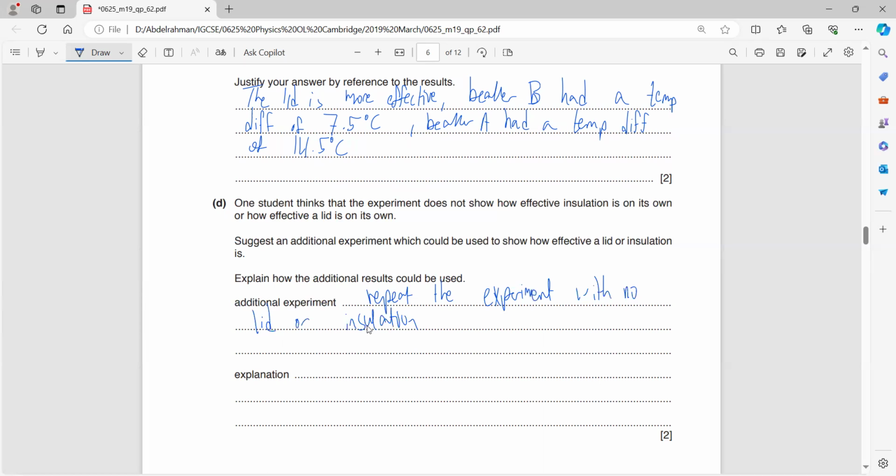Because you need to compare whether there is a difference or not. That's it. It's a really, really important question, to be honest.